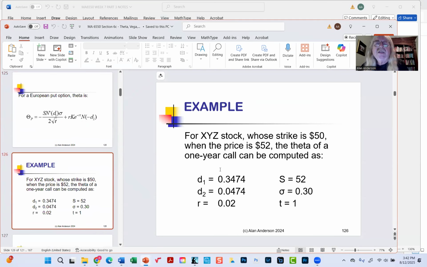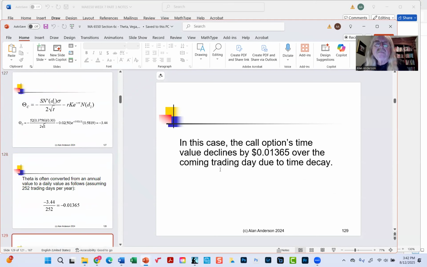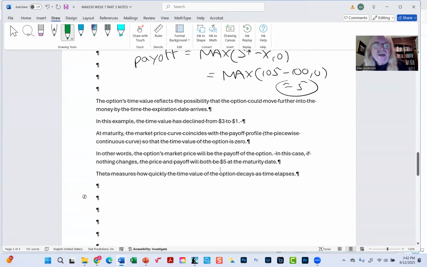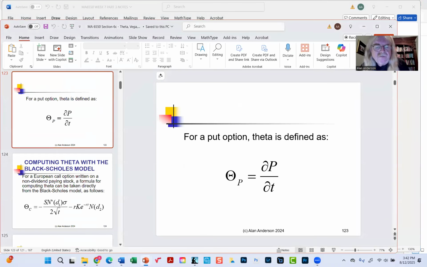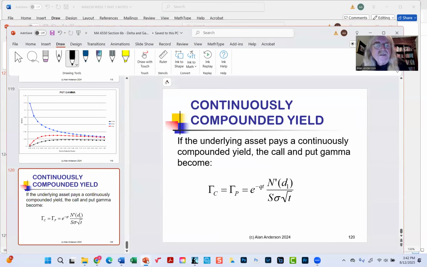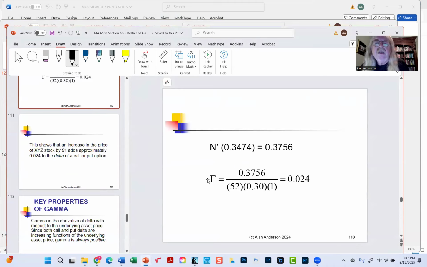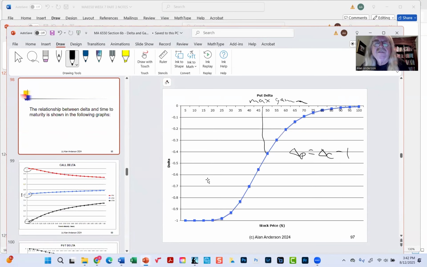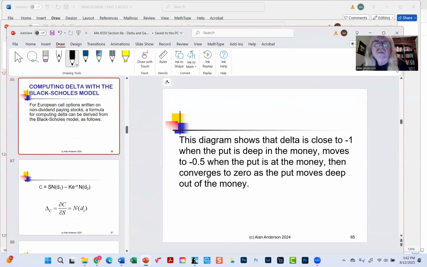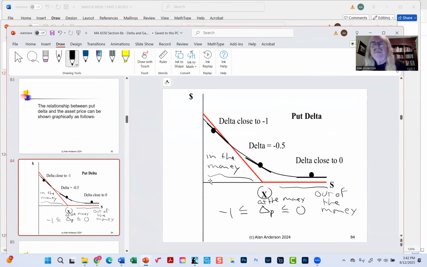If you look carefully, when we had that graph, let's go back to the last section, 6B rather. If you look at this graph, this is the European put.